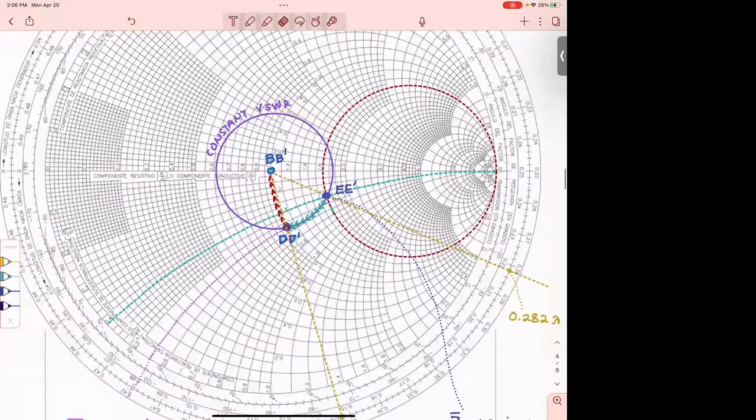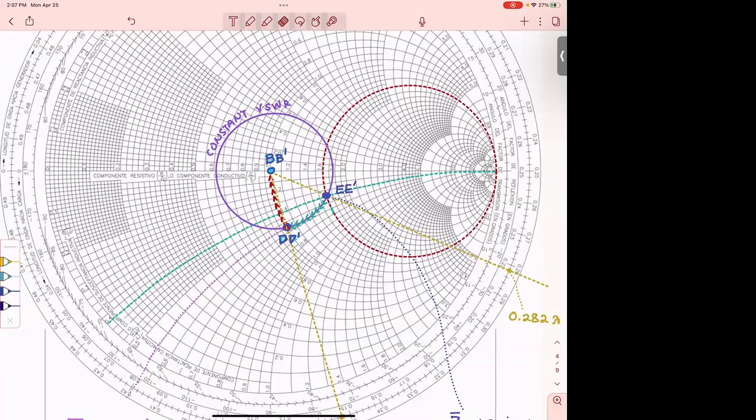What do we do here? First of all, we find our load. How do I find the load normalized on the Smith chart? I'm drawing the equal resistance circle, which is 1.6 normalized. All of the points of this circle have the same normalized real part of the impedance.